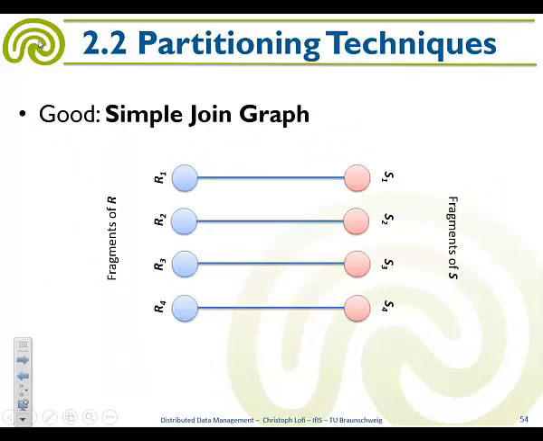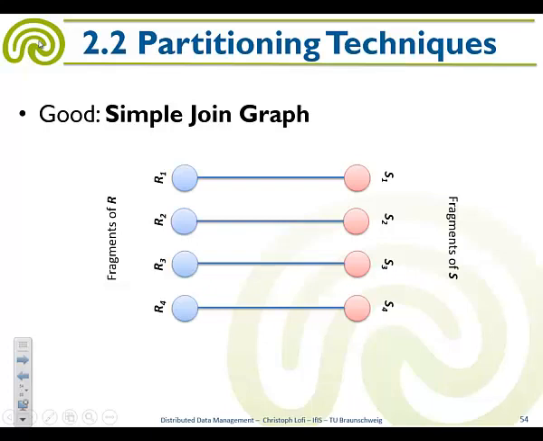Here you have fragments of R, the first relation, and fragments of S: S1, S2, S3, S4. This means that you only need to join stuff in R1 with stuff in S1.